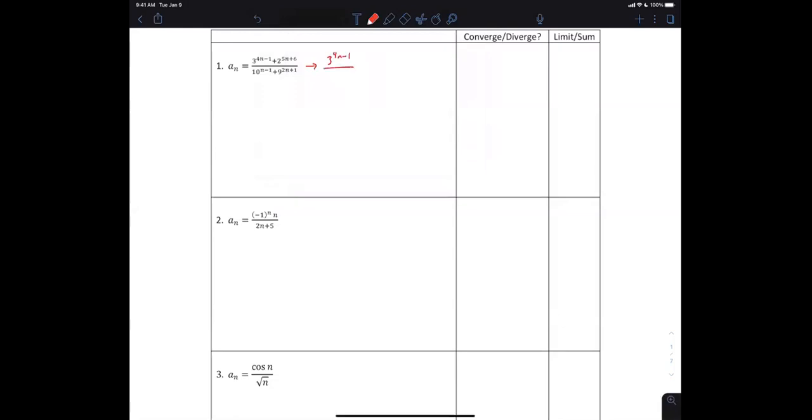So we pick 3 to the 4n minus 1 because we think of it as 3 to the 4th, so 81, versus 2 to the 5th, so 32. 81 is bigger than 32, so we pick the 81. And then we've got 10 to the 1st and 9 squared. 9 squared is 81, so we pick 9 to the 2n plus 1. Well, that's 3 to the negative 1 times 3 to the 4n over 9 to the 1st times 9 to the 2n.